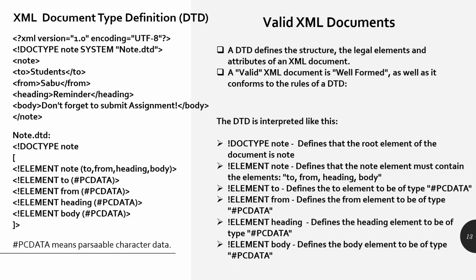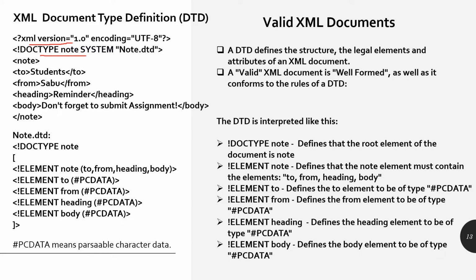To understand the valid thing, we should know what format exactly we follow in the DTD. Let us see an example. We will just consider this example. So already we are familiar with this particular line, that is actually the declaration part.